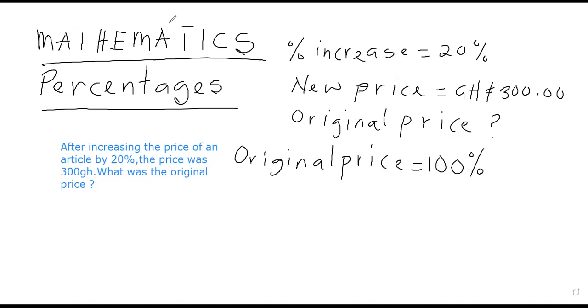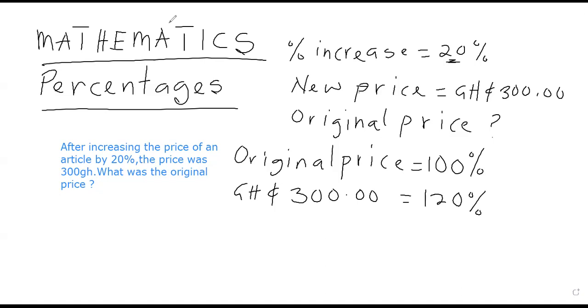And then the new price, that is 300 Ghana cedis, should be equal to the percentage increase plus 100%. So that'll be 20 plus 100%. That'll give you 120%.